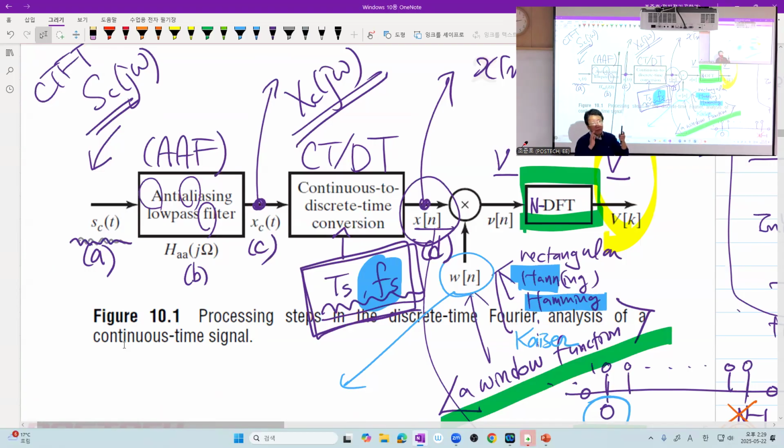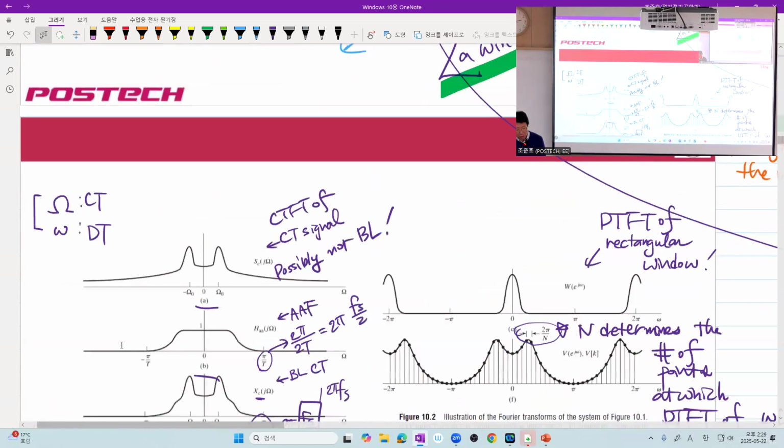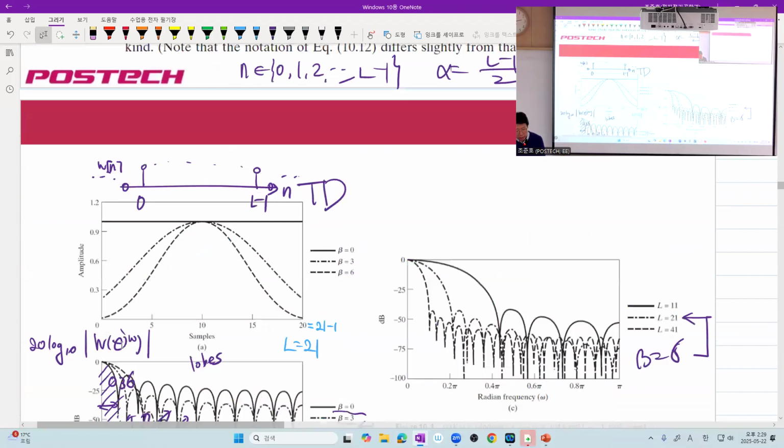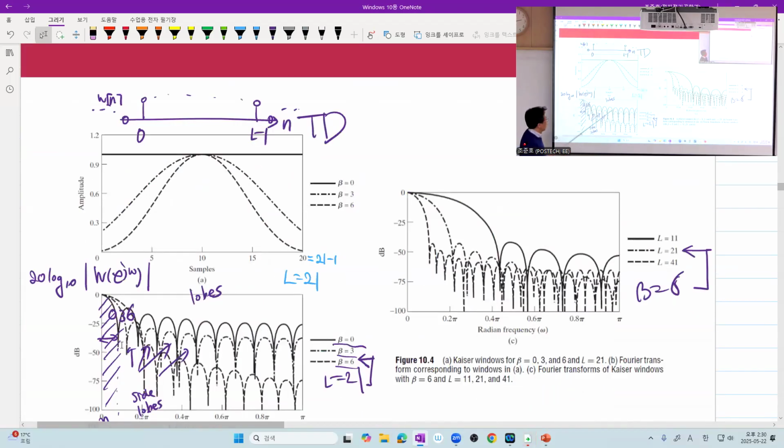So we want to have that main lobe width smaller. However, unfortunately, given the time limitation of the window functions, if you decrease the width of the main lobe, you have increased level of side lobes, which means that in the frequency domain, you have a very sharp main lobe, but the side lobes are larger. Got it? If you have a bigger main lobe, then side lobes quickly die out.